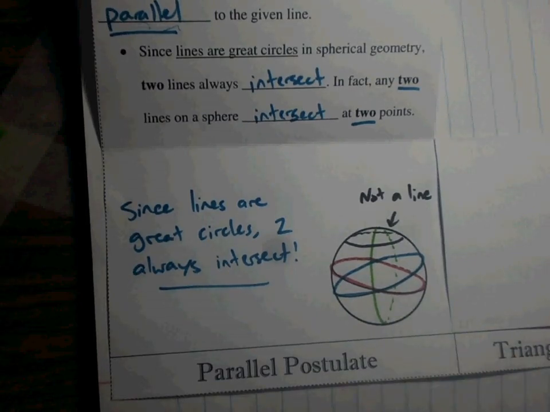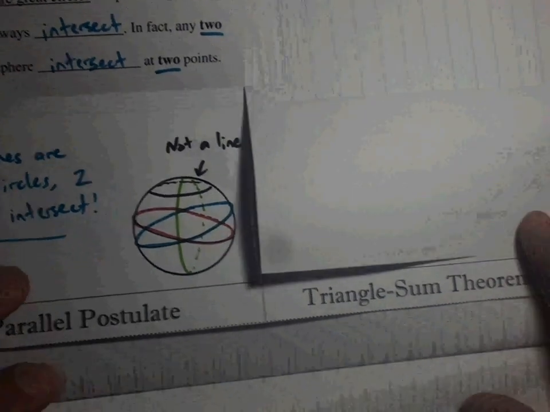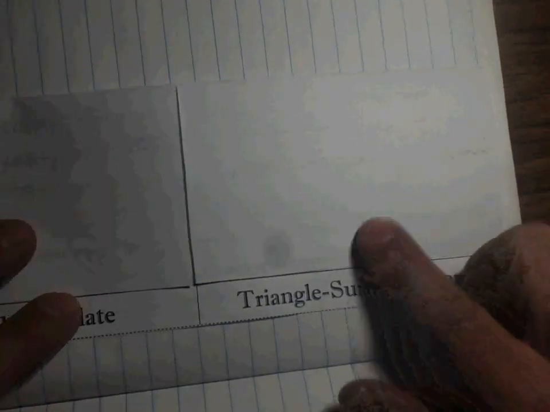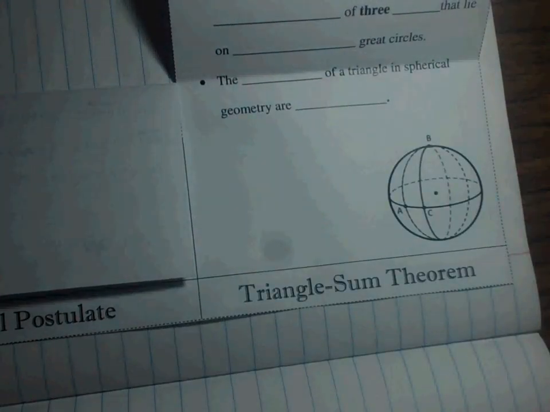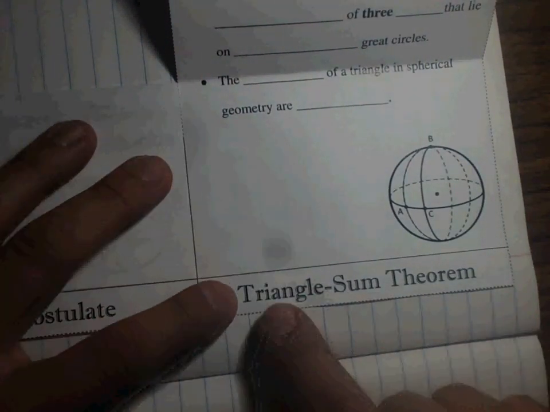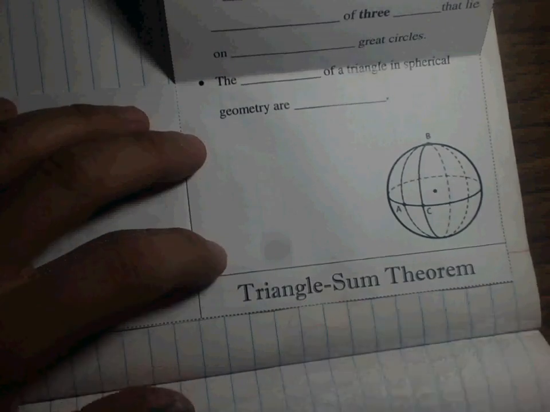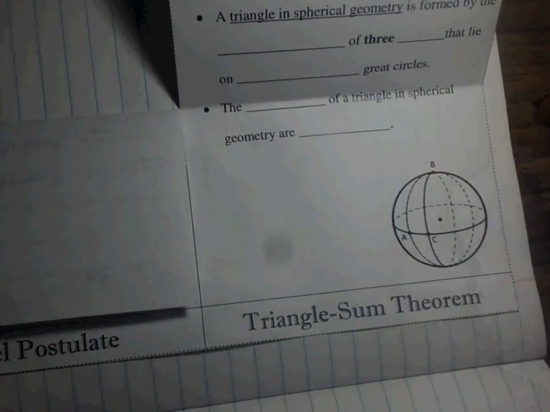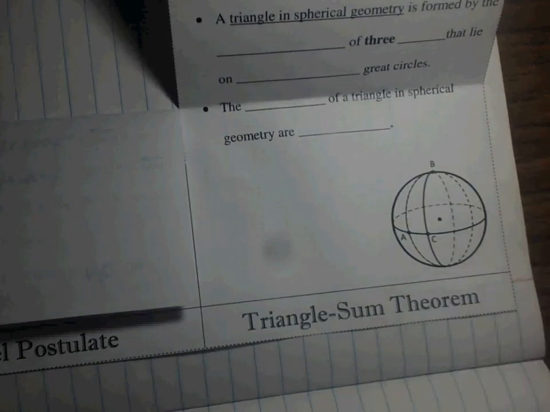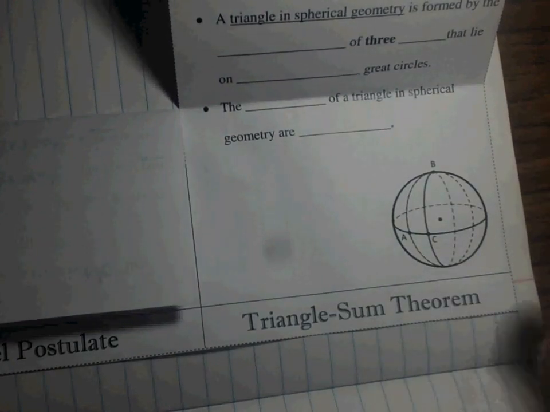All right, the triangle sum theorem. We've had one like this before, but it's different. Normally, when you create a triangle in Euclidean geometry, normal geometry, the angles add up to 180. It doesn't when it's on a sphere. It's kind of weird, you'll see.